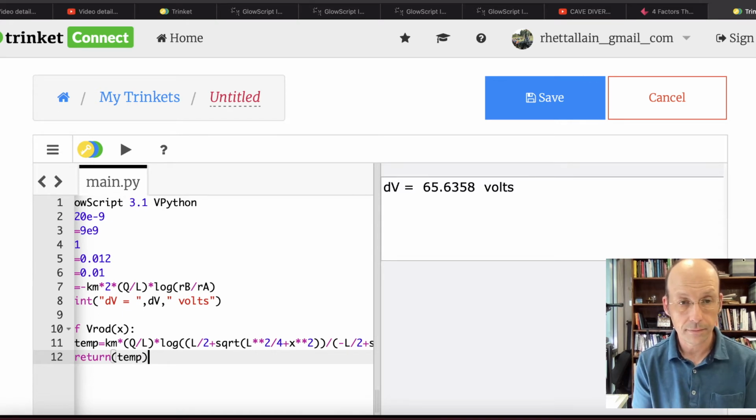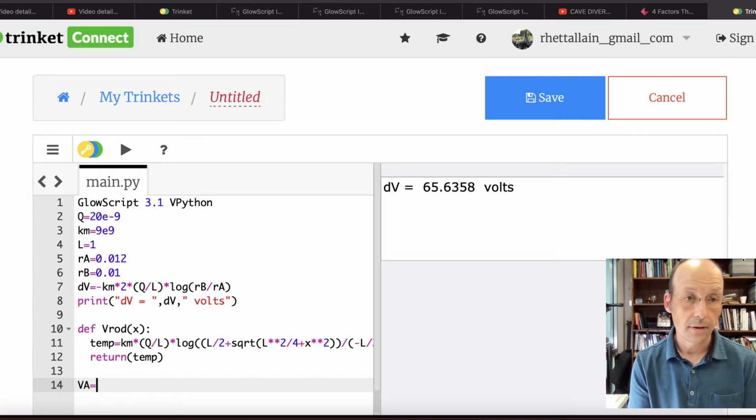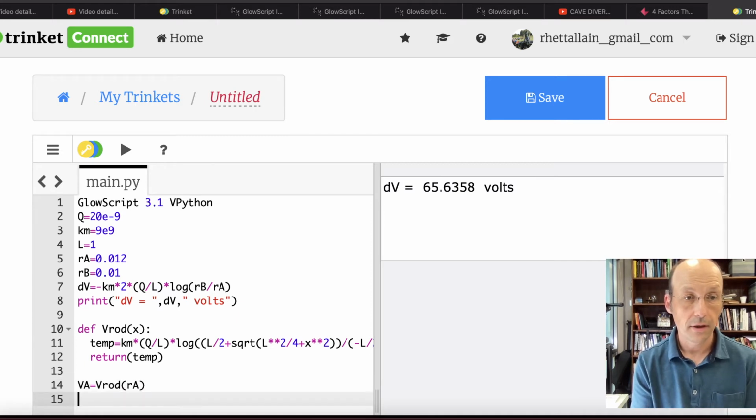And then I can return temp. So now that I made a function, I can just say VA equals vrod RA, VB equals vrod RB.